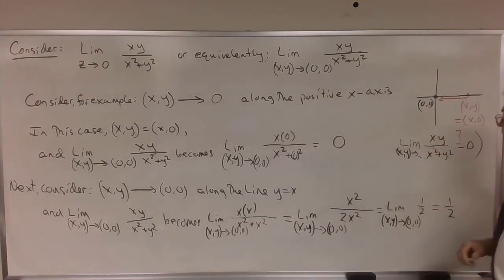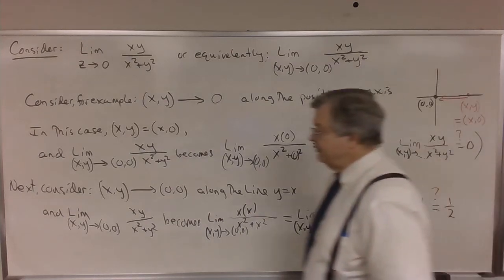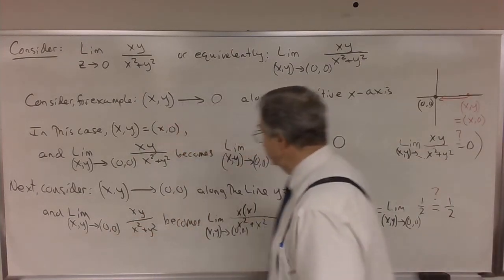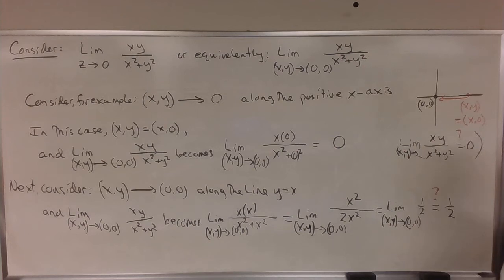Well, here, as xy approached the origin along the positive x-axis, the prospective limit was 0. And now the prospective limit is 1/2 when xy approaches 0, 0 along the line y equals x.